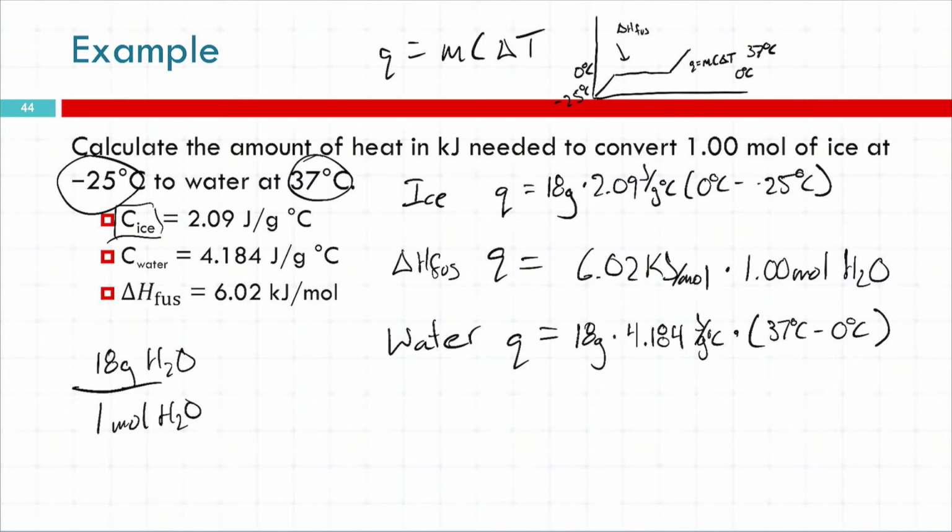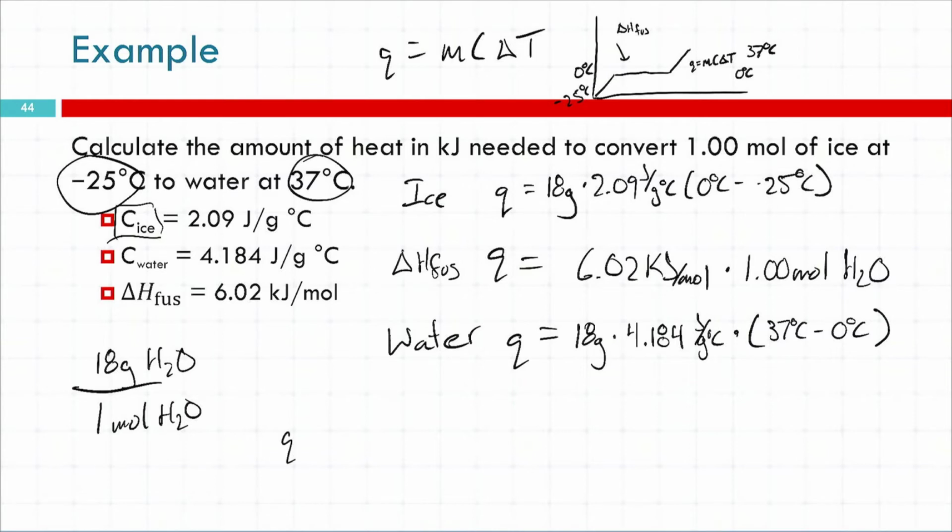Starting at the top one there, 18 times 2.09 times, sorry, we're subtracting a negative, so positive 25. Let me write it like this.